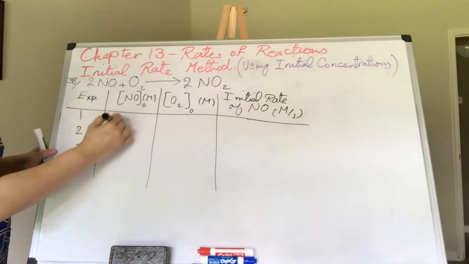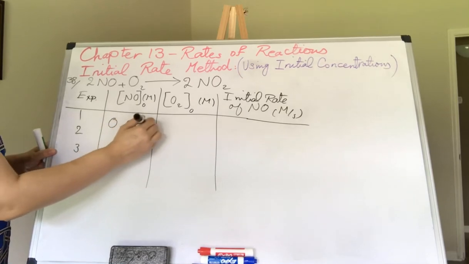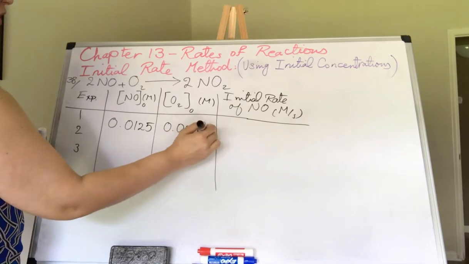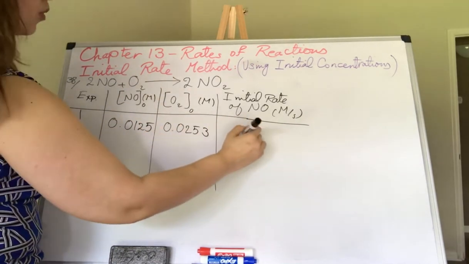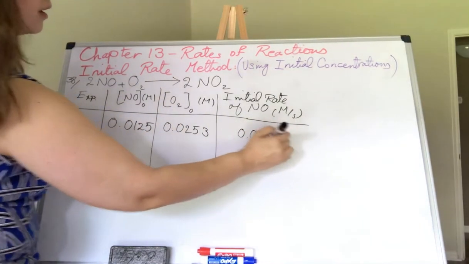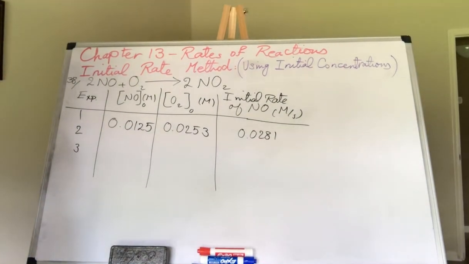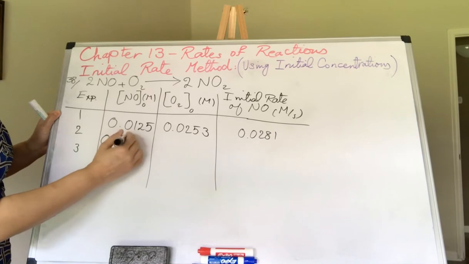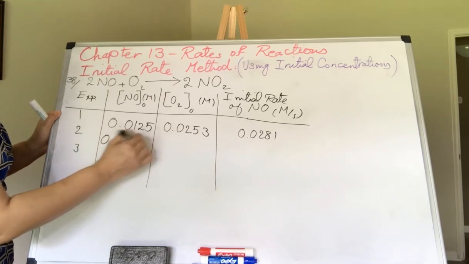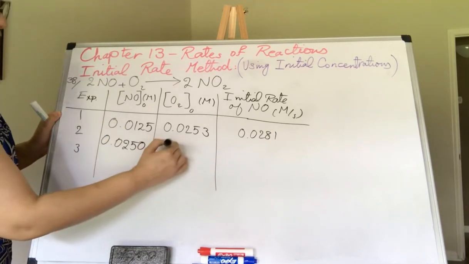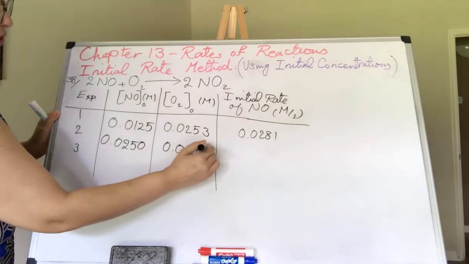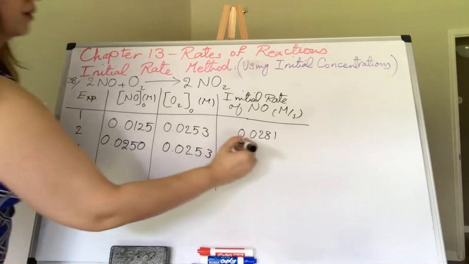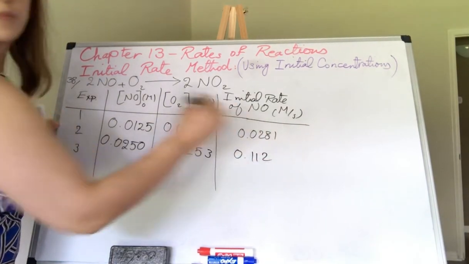So you have 0.0125, 0.0253, and the rate is 0.0281. Then you have 0.0250, 0.0253, and the reaction rate is 0.112.